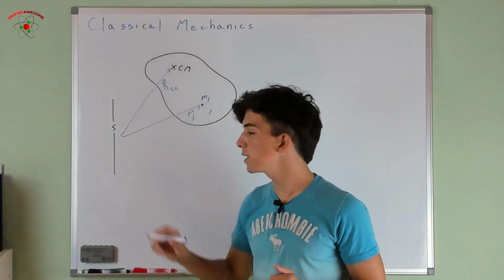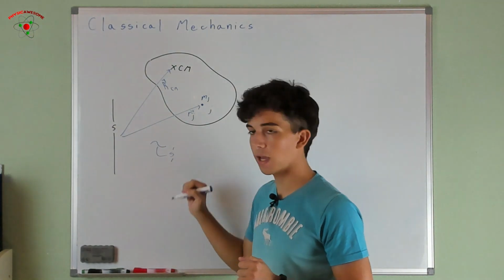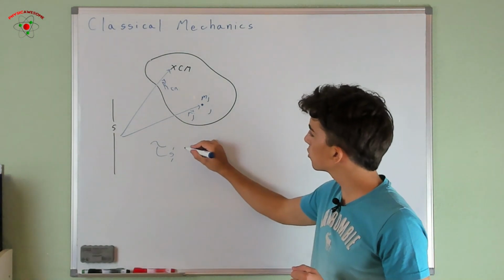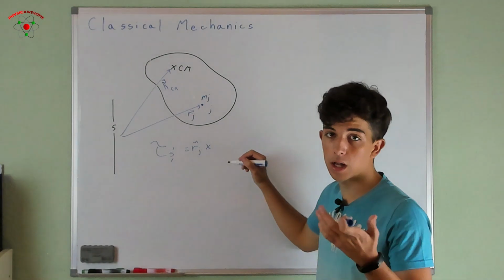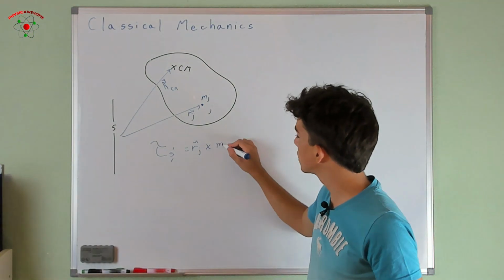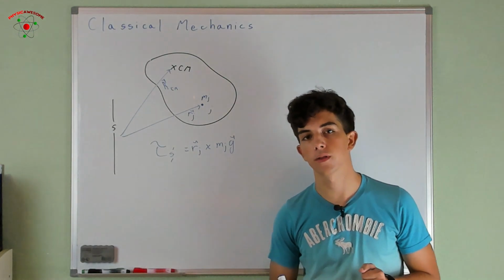So for this case, the torque from the axis S that is being felt is going to be equal to rj cross the acceleration due to gravity, which is mj times the gravitational field.